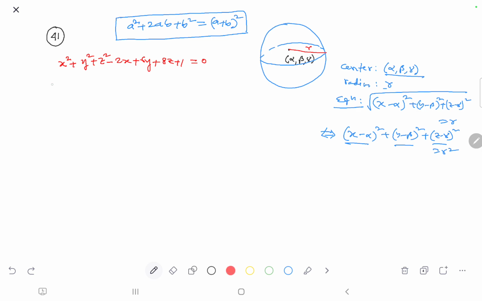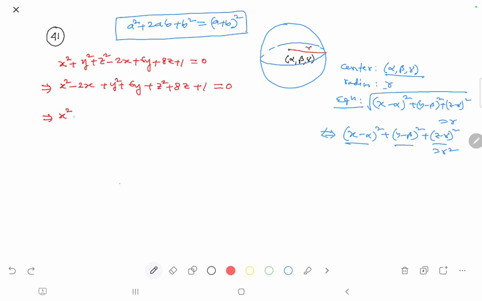So let's do it. Firstly, we take all the x terms together, and then we take all the y terms together. Then we take all the z terms together, and then the constant. Now here, let me write x square we have.